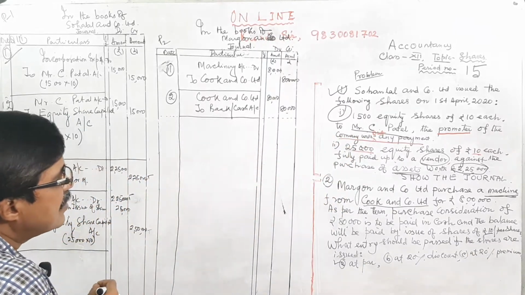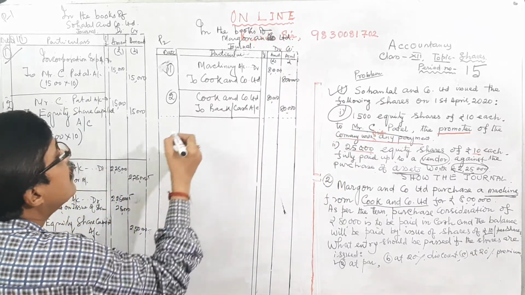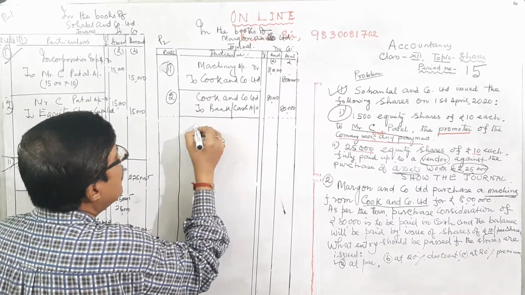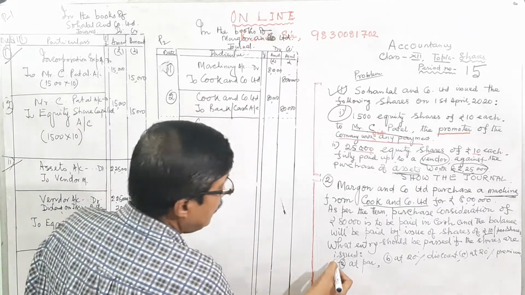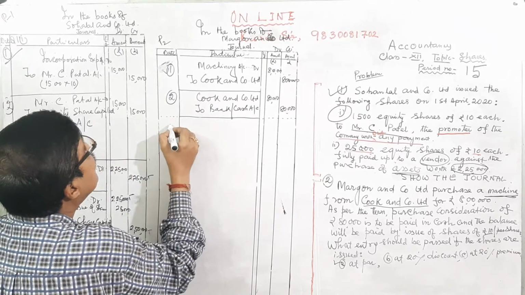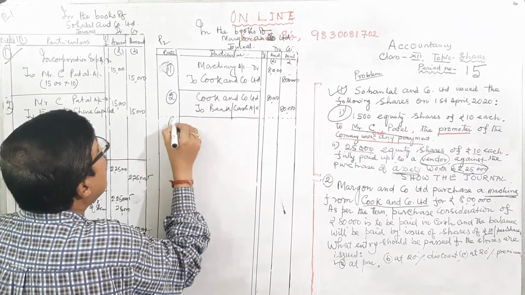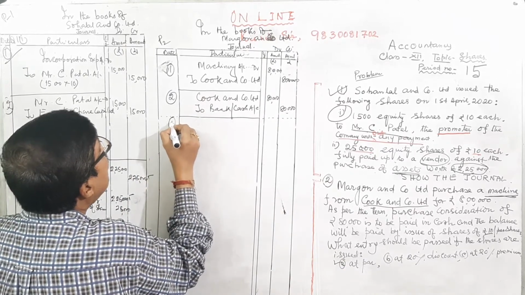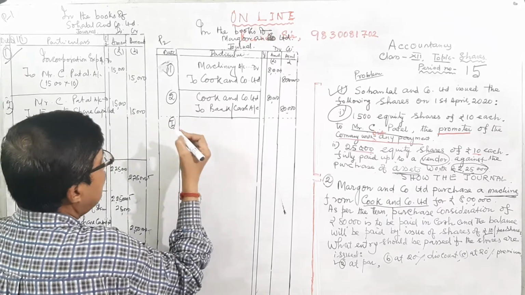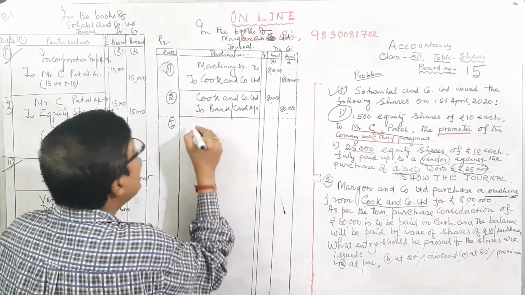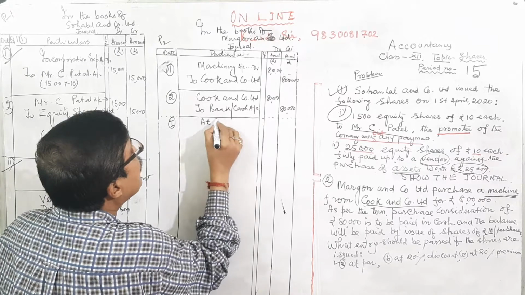That means you are issuing shares, then another one, that is equal to at par.